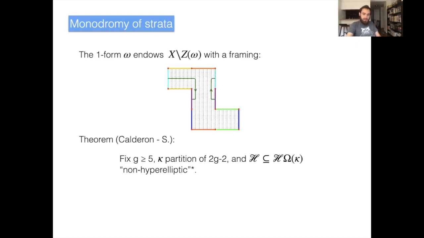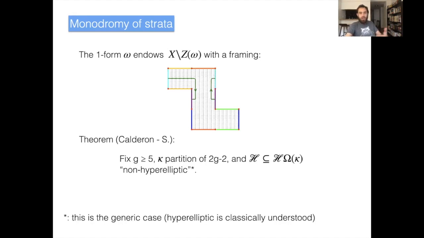And so precisely, for genus at least 5 and a pick of a partition of 2g minus 2, one thing I didn't mention before is that strata are not always connected, but they always have finitely many components, and in fact, always at most 3. And the generic situation is that these strata are what we call non-hyperelliptic. In the hyperelliptic case, the monodromy and indeed the global topology of these are easier to understand.